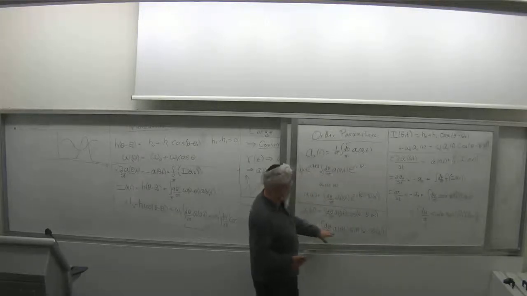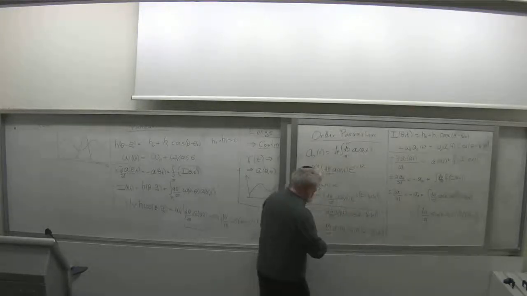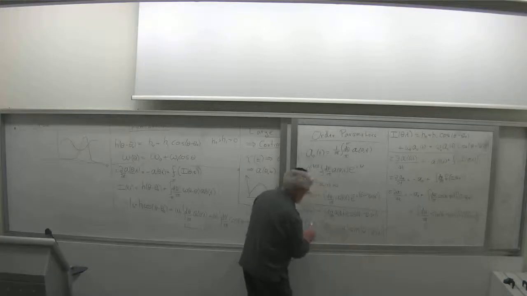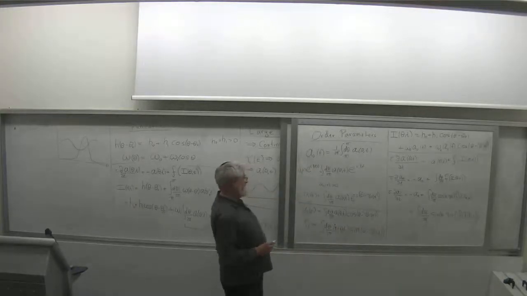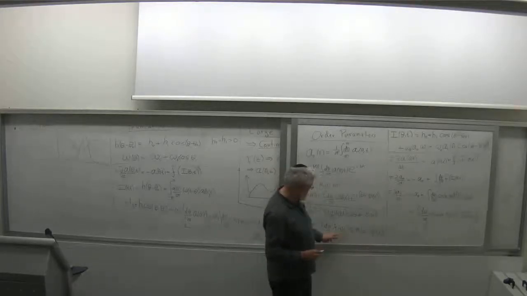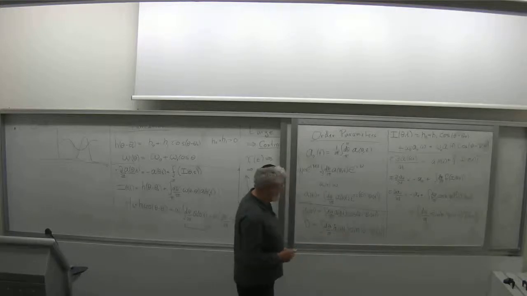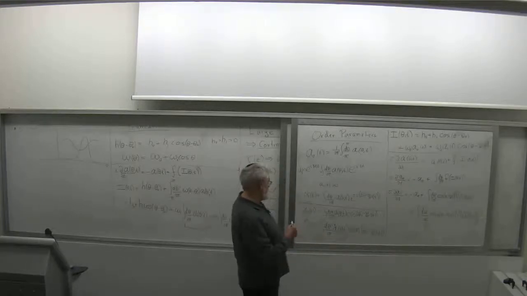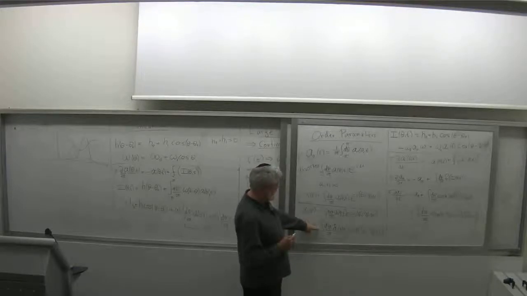I should multiply. What do I have? I have d/dt, I have A dot times sine. If I multiply this by sine, I have A dot times sine. So if I want to take it out, you're right, there are two terms here.